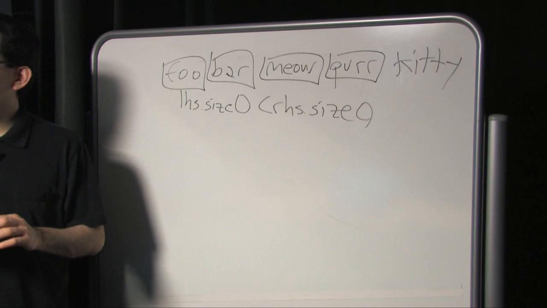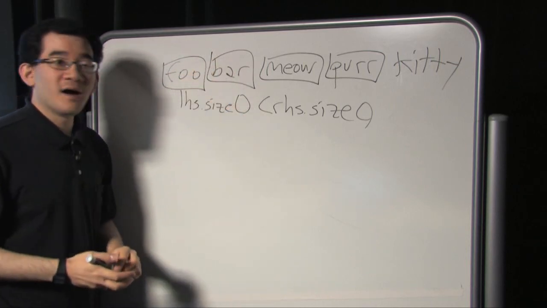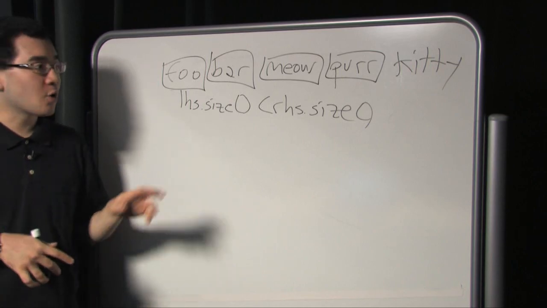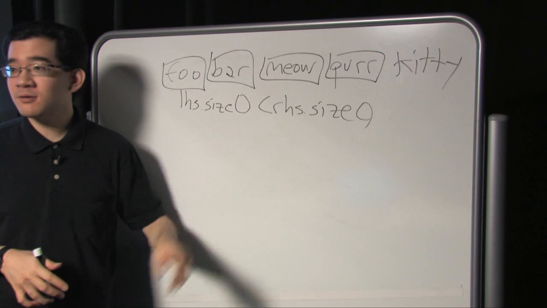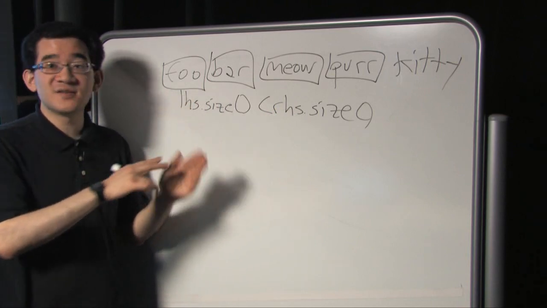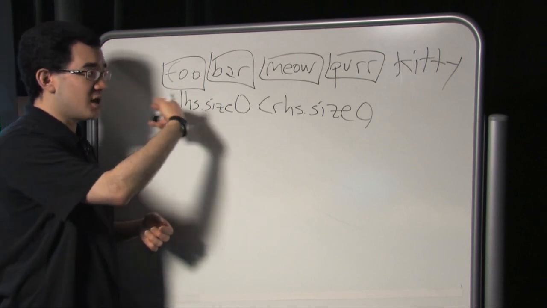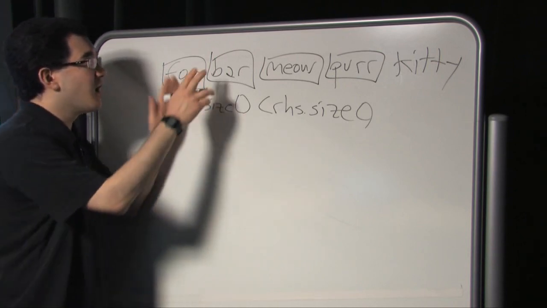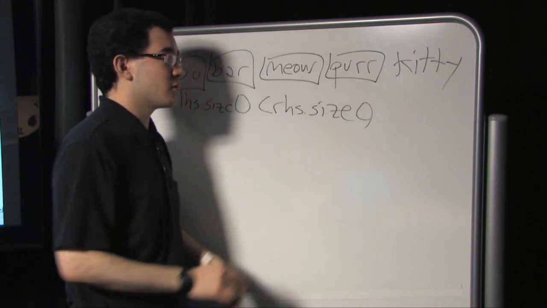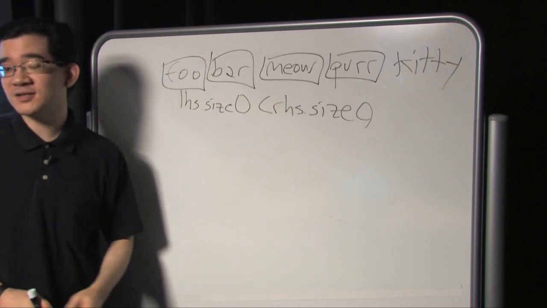So if I call std sort with such a comparator, it will sort them according to length. Now, what std sort says is I'm going to sort them according to this comparator that you're going to give me, but I do not guarantee that I am going to preserve the relative order of equivalent elements. So if you call std sort on a vector of string with this comparator, the foo and the bar could be in any relative order, and the meow and the purr could be in any relative order, but you will be guaranteed that all of the short strings will come before all of the longer strings.